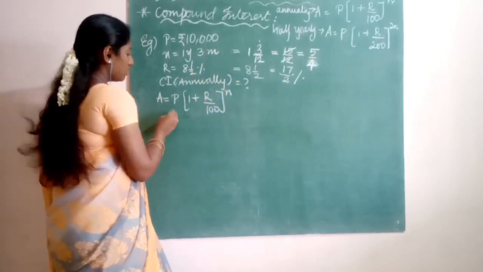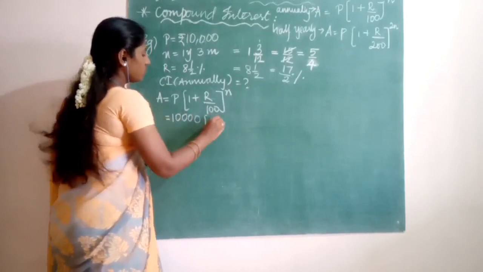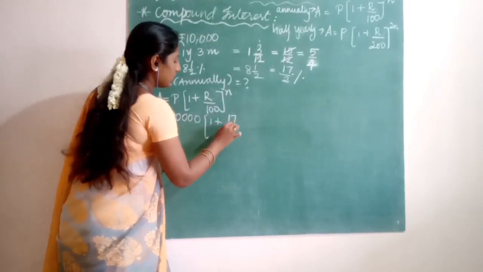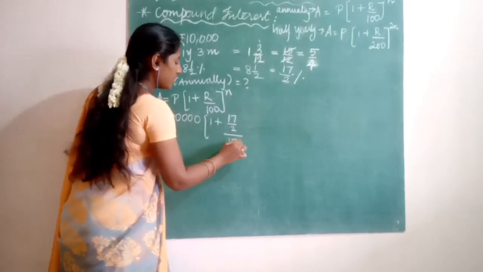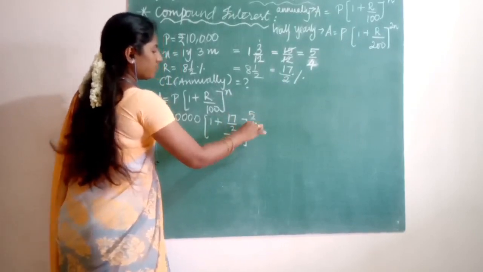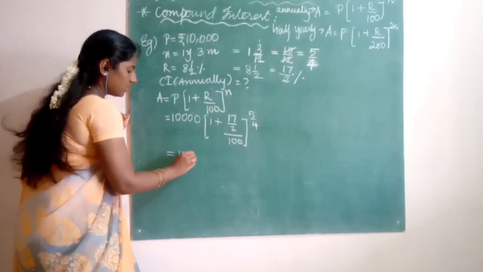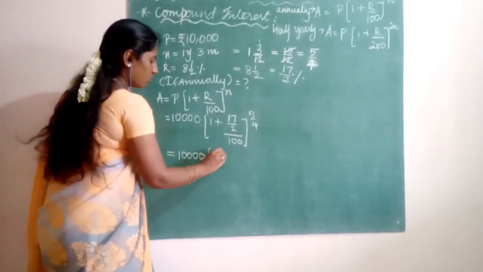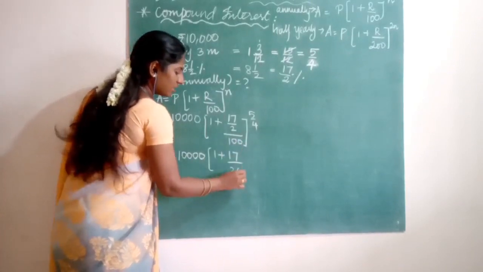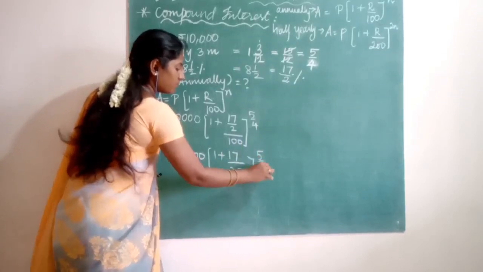So P is 10,000 here into 1 plus R is 17 by 2 whole by 100 and N is 5 by 4. So you will have this as 10,000 into 1 plus 17 by 2 will come to the denominator, so it will become 200, the whole power 5 by 4.